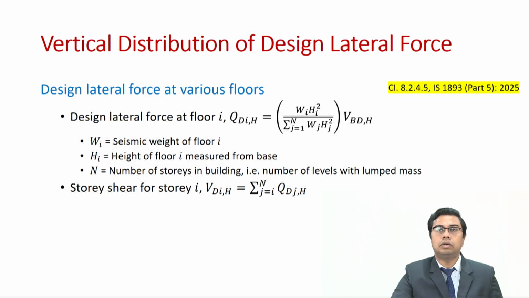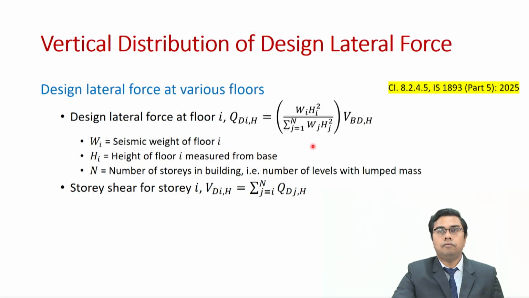The expression for distributing the design lateral force at various floors is provided in the code in clause 8.2.4.5 and is also shown in this slide. The value of design lateral force at any floor is given by WH square divided by the sum of WH square and multiplied with the total design seismic load in the horizontal direction, that is VBDH.